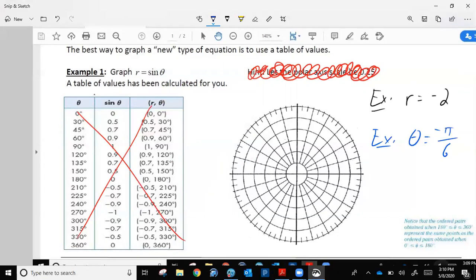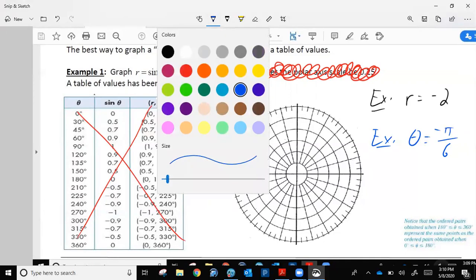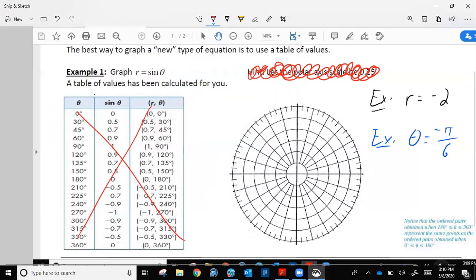On, I believe, Monday of last week, I discussed how if you're asked to sketch a curve of a simple r equals, and that's all that's going on, r equals -2, that's going to give us a circle, because we color in everything around the second ring. And even though it's negative, it's still going to be a circle, because we've discussed how negative radius just means you move away from that angle. So in essence, it's a circle moving in the wrong direction, moving backwards, but when it's completed, it still forms a circle.